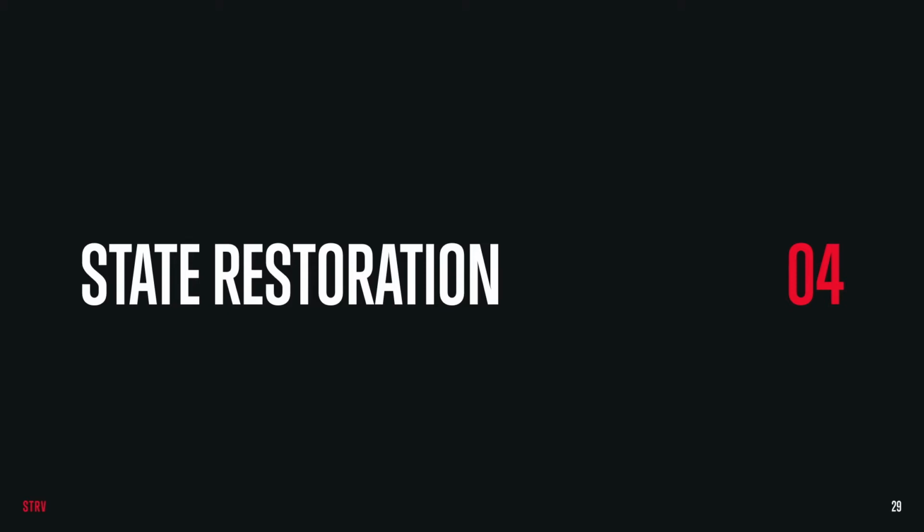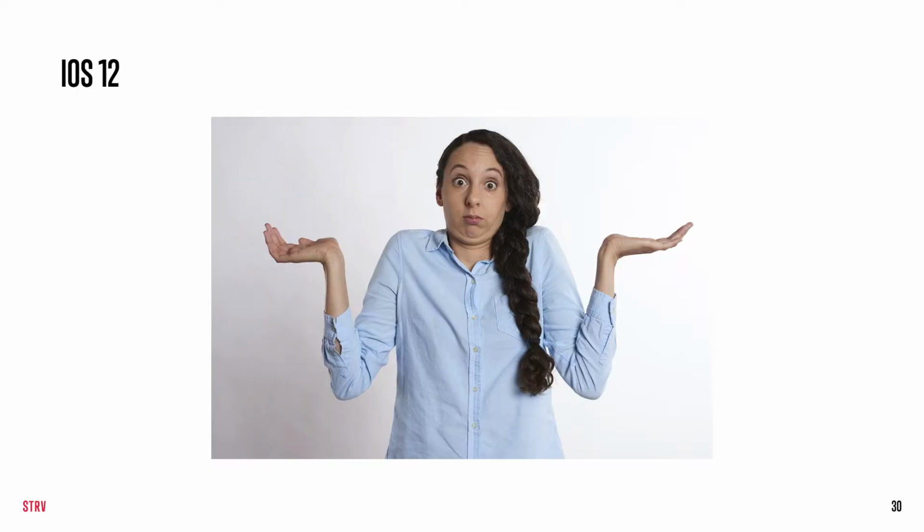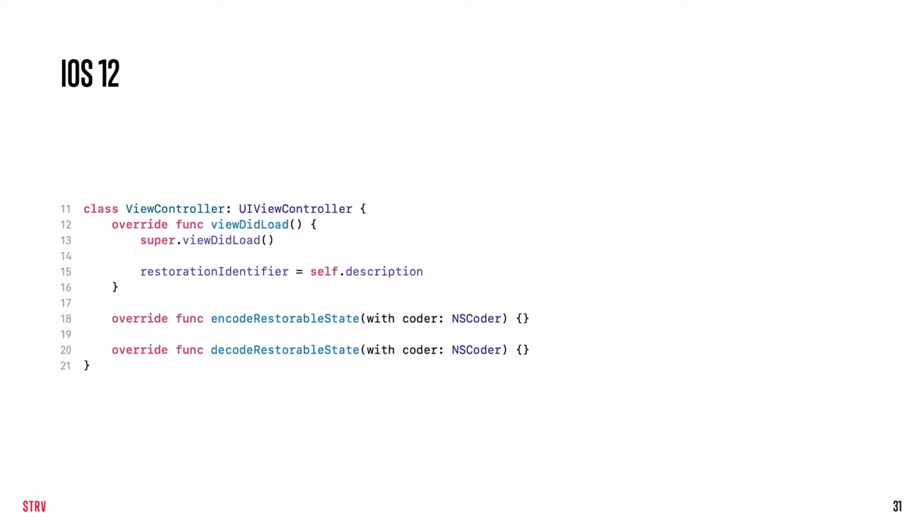Now the question for you: who of you has ever implemented state restoration in your app? Oh, good for you. It's really good to have it there. In iOS 12 there is native support, but it's kind of ugly. It uses NSCoder and it's MVC based.